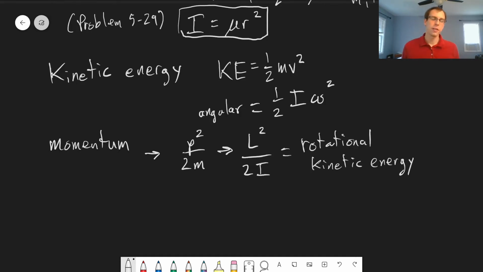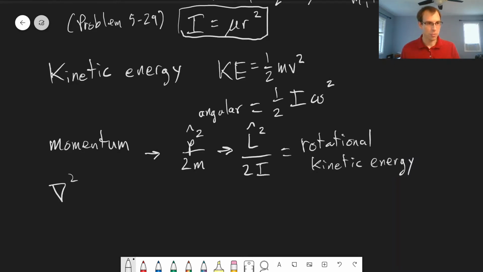So just like for our linear systems, if we want this for quantum mechanics, we have to find what this L squared operator is. Just like when we switch to the quantum kinetic energy, we need to use the momentum operator. For the linear system, we ended up with del squared.